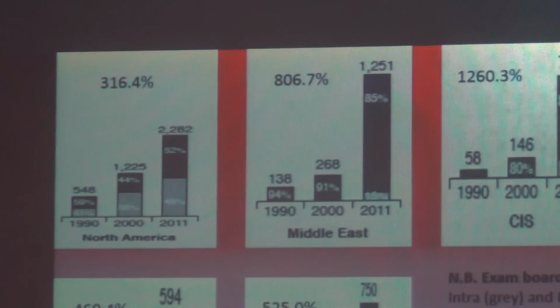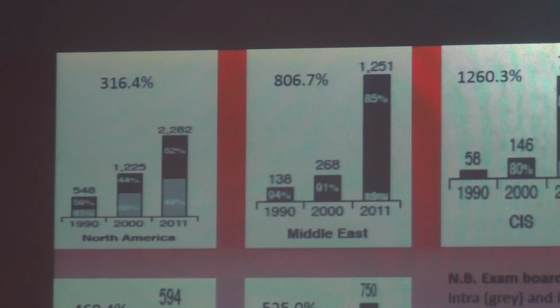So if we look here in North America, for example, you can see at the top of each of these I've put percentages. Now those percentages relate to the increase in the US billion-dollar values.